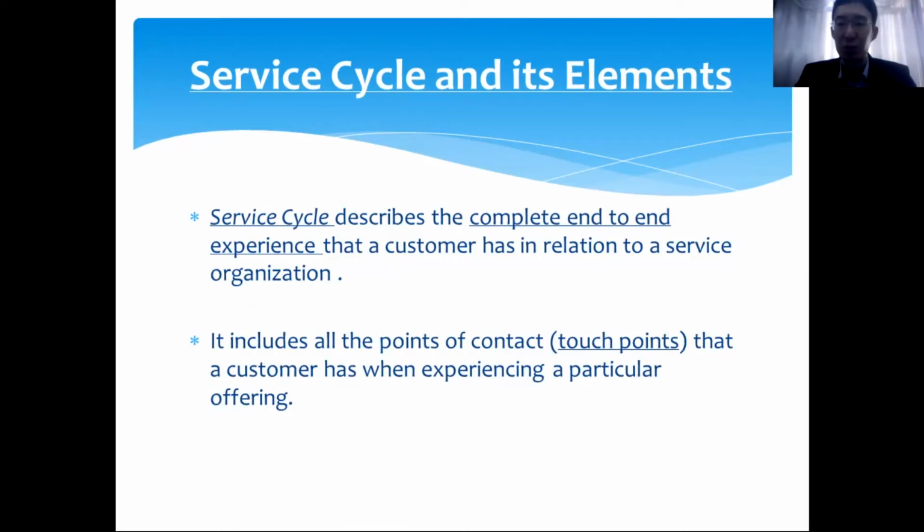During those touch points, the customer experiences something, and then after that experience, there is a time where customer thinks about something. So this is basically a thought point. Then at the end of all the services, usually the customer has experience, and it should be joyful, but sometimes it can be unpleasant too.